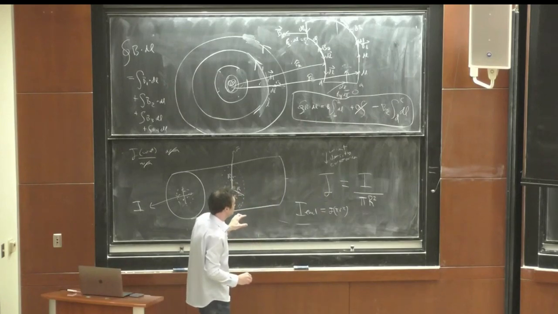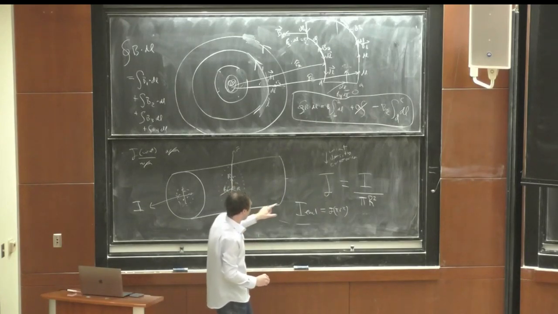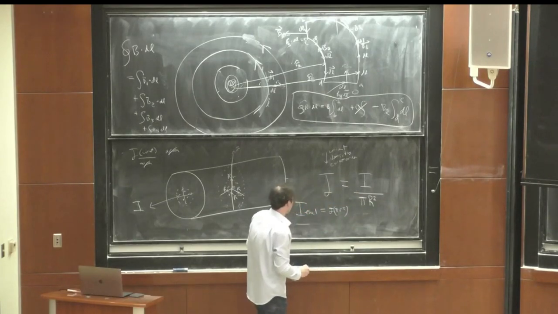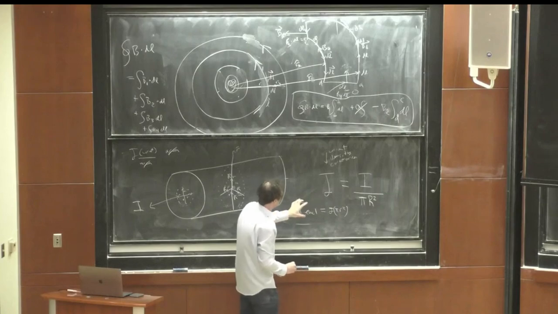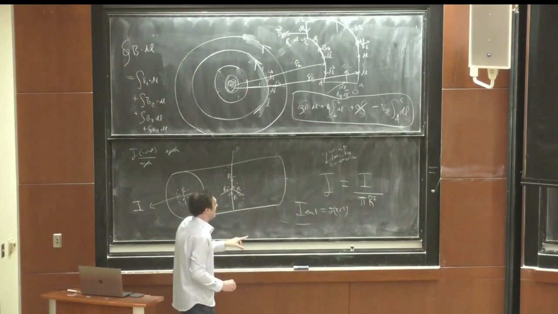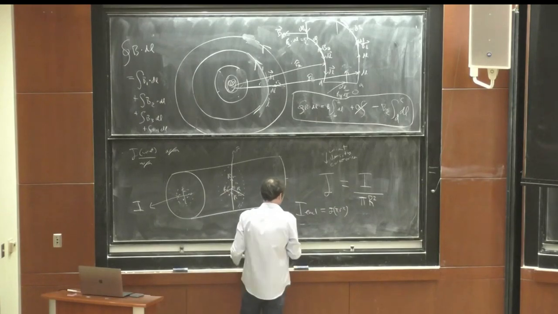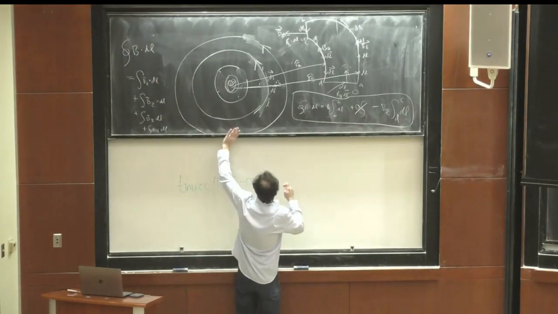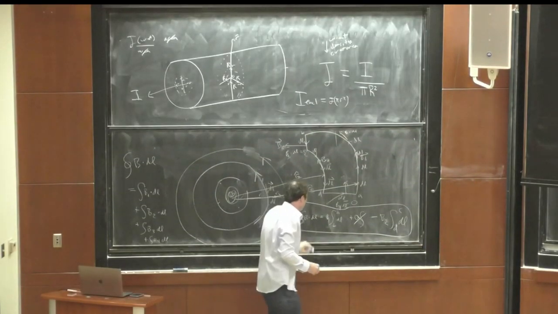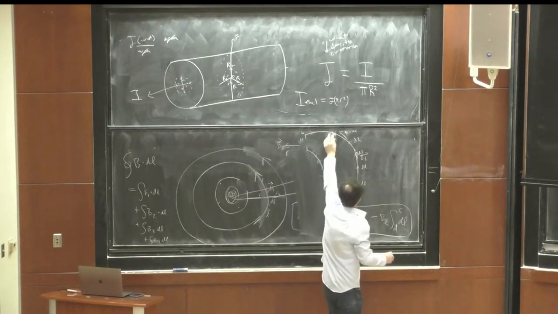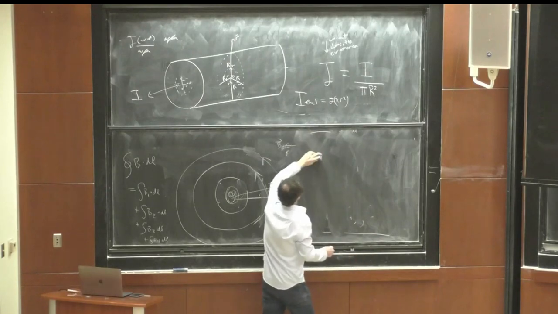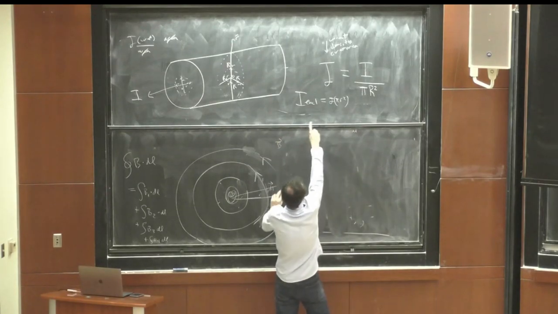But then I can make the substitution here that J is equal to I over pi big R squared. And so this is a perfectly valid way to write I enclosed. But then another way to write I enclosed is where we make the replacement of J with I over pi big R squared.